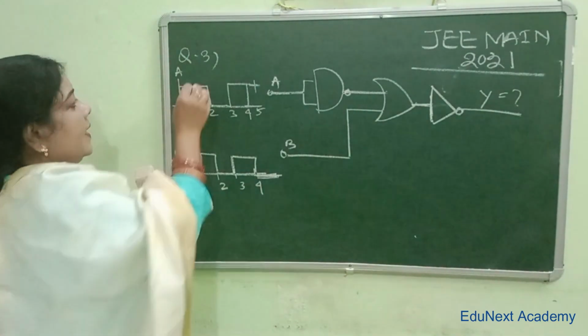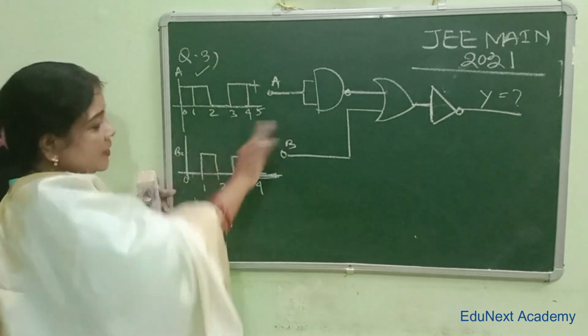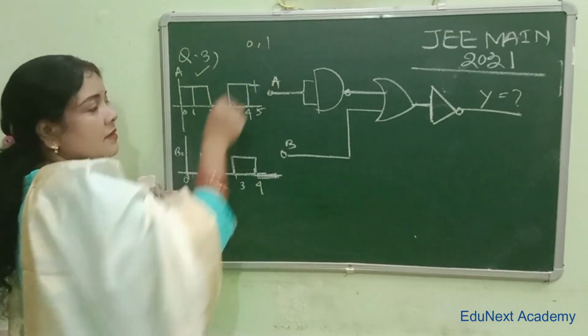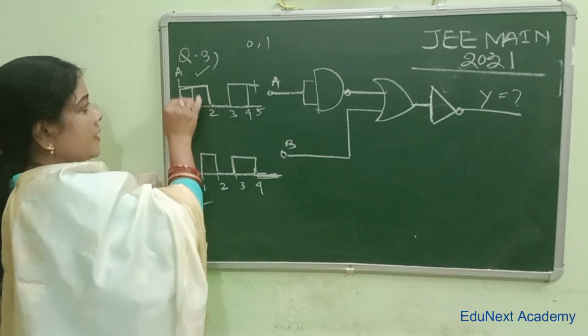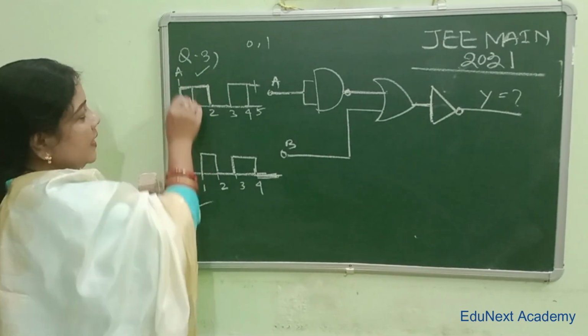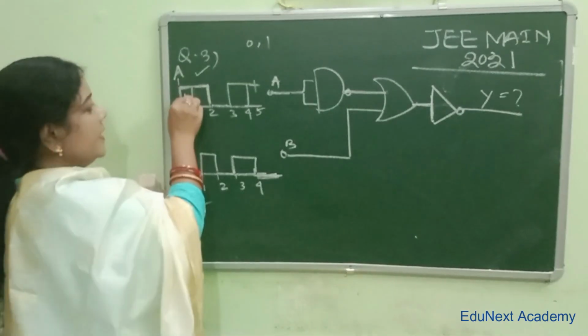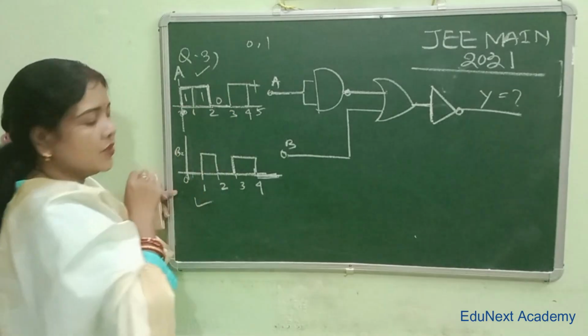Now see, signal A is given, signal B is given. You know these are digital signals having two states, that means either 0 or 1. So here, in this particular case, for A from 0 to 2 time period the signal is high. Next, 2 to 3 it is 0.